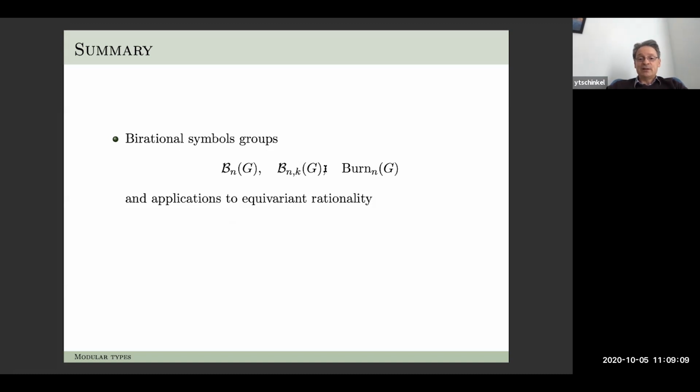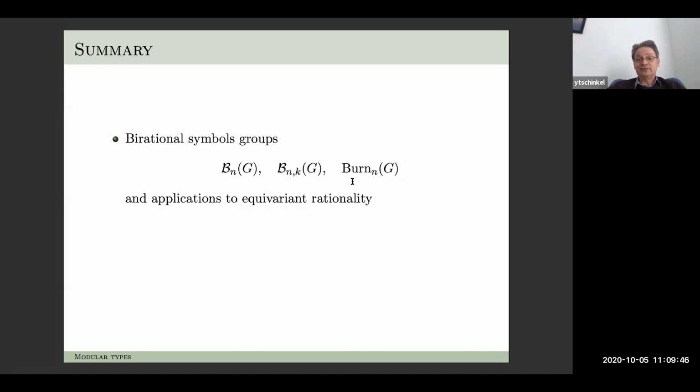BNGK does the same, but records also information about the function field of the locus stabilized by G, fixed by G. And the equivariant Burnside group records intermediate subgroups as well, records the action of G mod H on the stabilizer locus and the translation of that locus, the orbit as well.